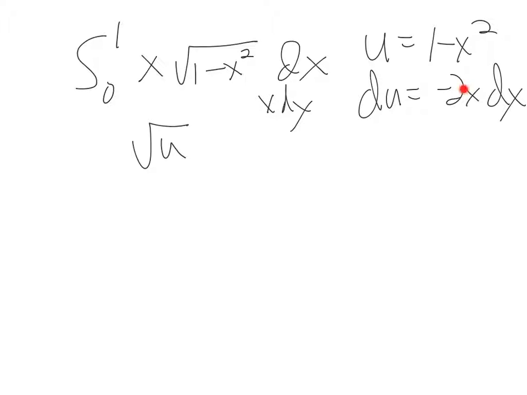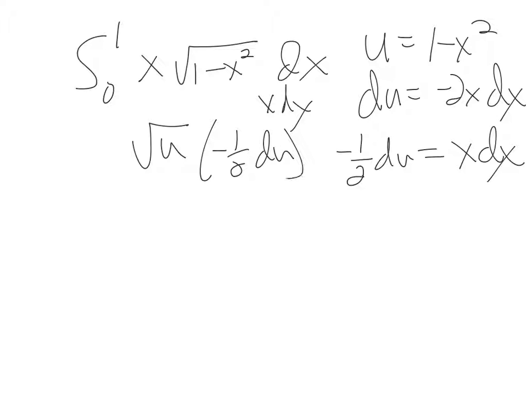And what I have over here is negative 2x dx. Well, this extra negative 2 is problematic. So what I can do is divide both sides by negative 2, bring it over to the du, and then I can replace the x dx with a negative 1/2 du. So I'll write that, negative 1/2 du.